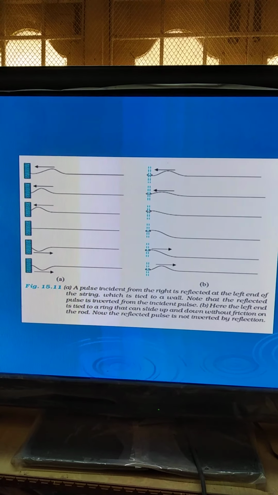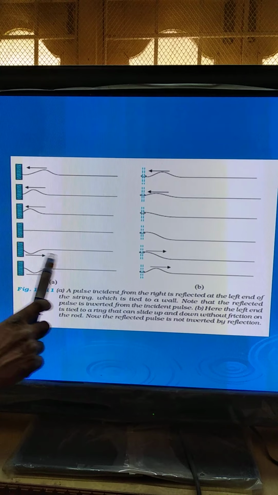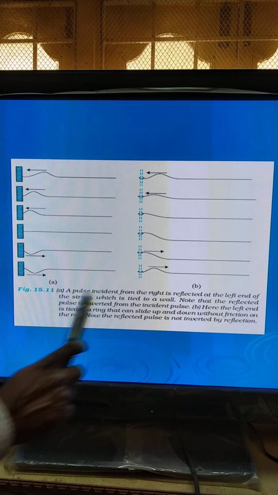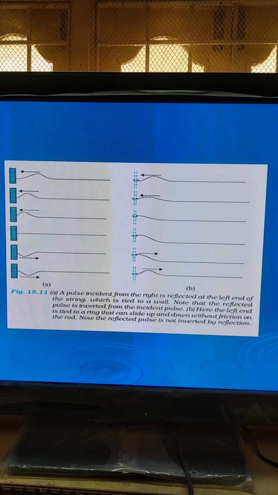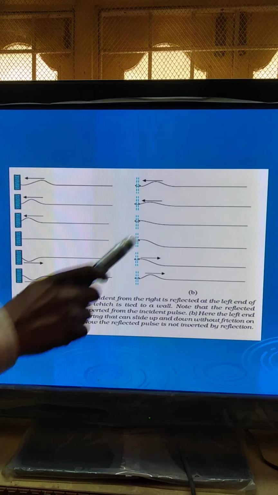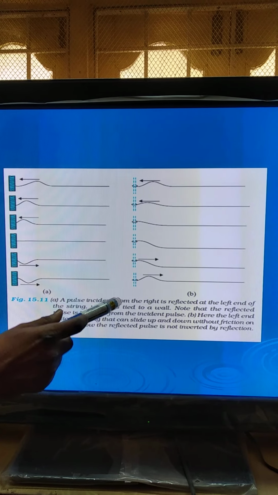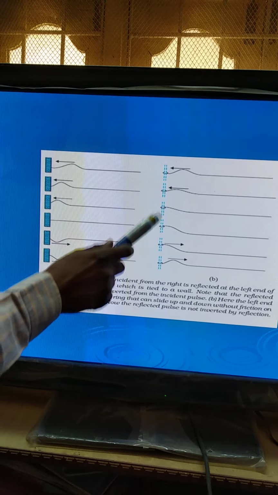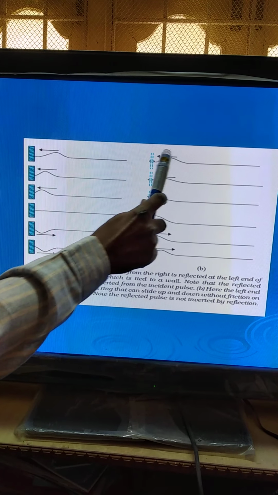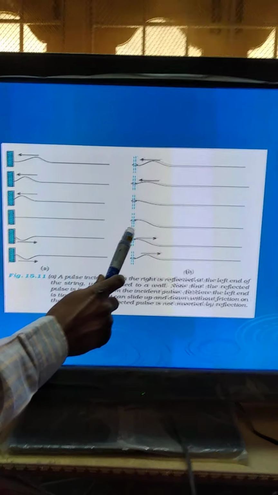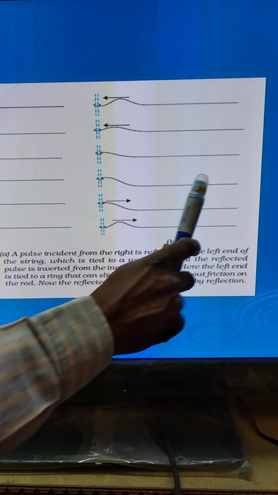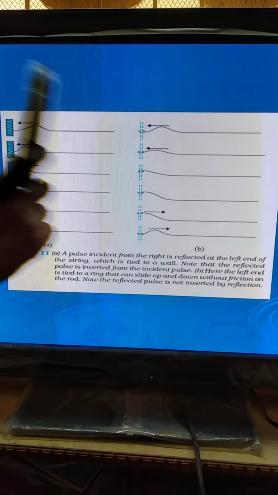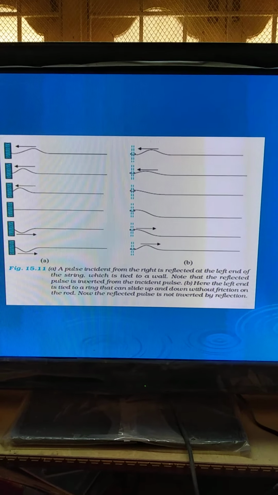Earlier it was traveling from right to left, now after reflection it travels from left to right with a phase reversal of 180 degrees. But if the reflection takes place at the open end, then the pulse traveling in the positive x direction travels in the negative x direction after reflection, but without any phase reversal.